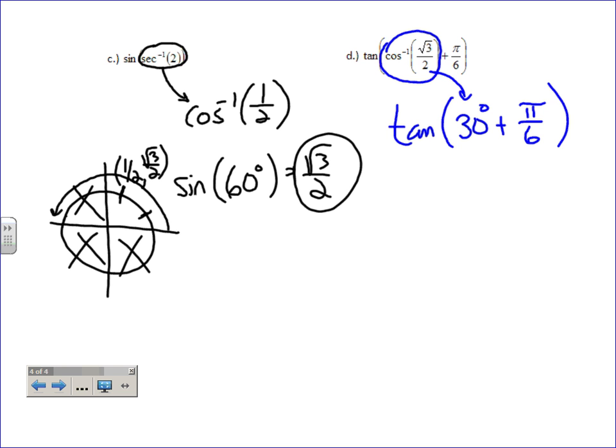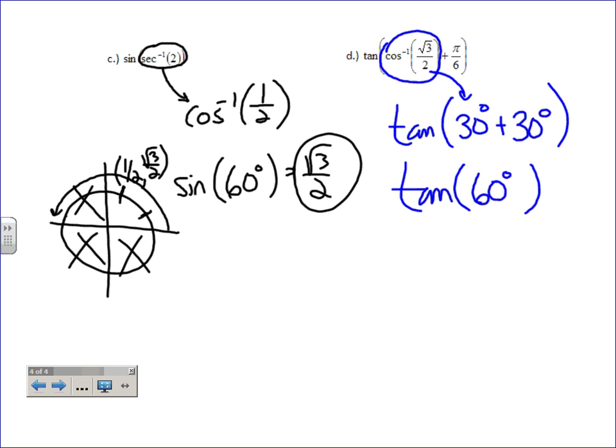And let's face it, most of us are going to change the pi over 6 to degrees, right? And pi over 6 converted strictly to degrees is 30 degrees, right? Because we know the unit circle so well, especially our radians. So it's asking for tangent at 60.